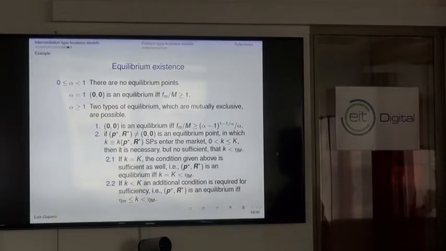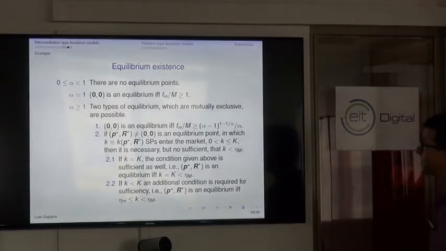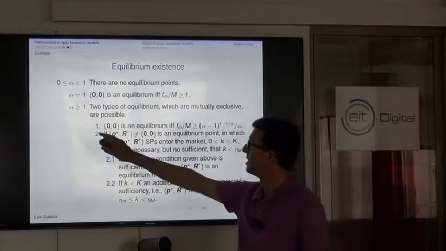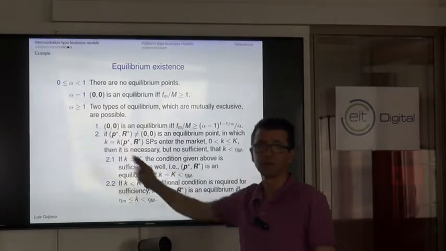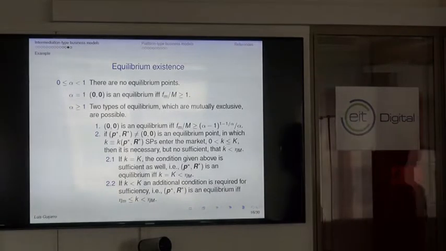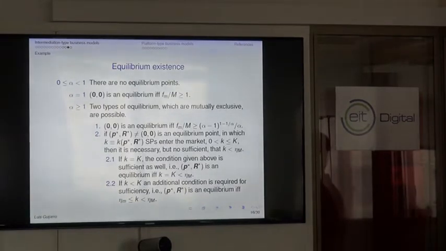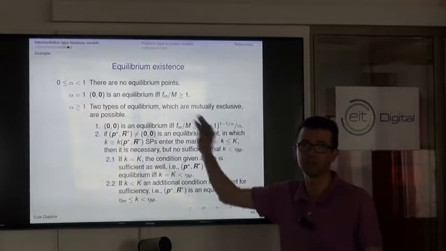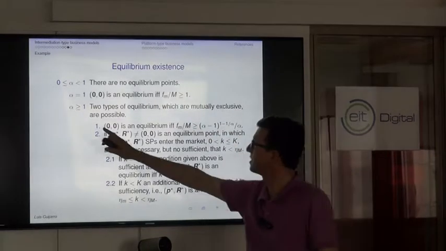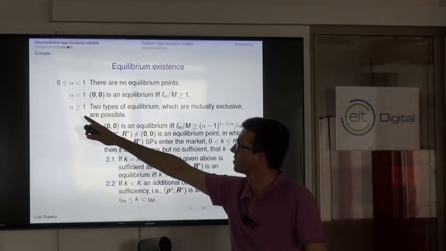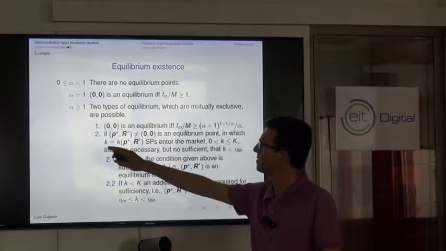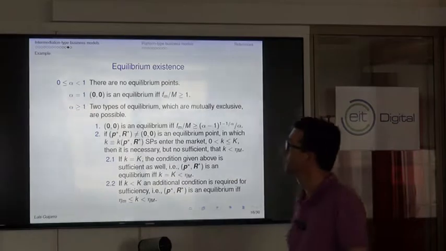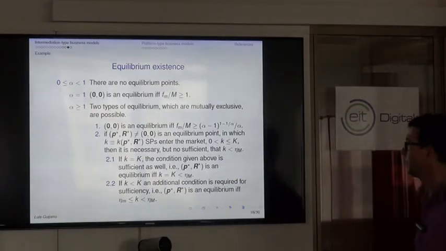I will not go into detail because I would like to spend more time on the second business model, but what we found is that, again, the parameter alpha was the main parameter with an influence on the very existence of the Nash equilibrium. Actually, in order for the Nash equilibrium to exist, alpha should be greater than or equal to 1.